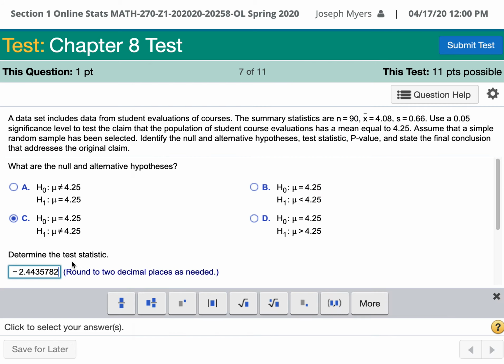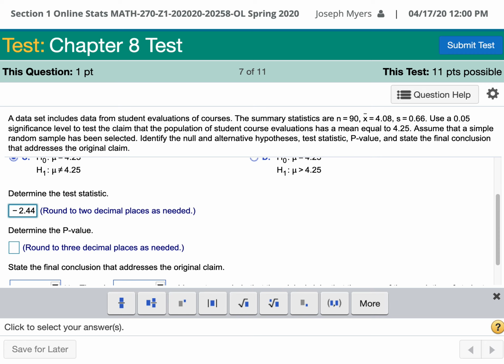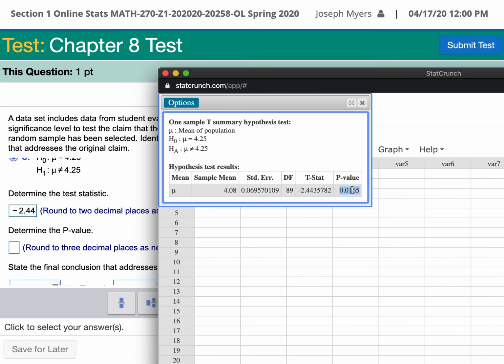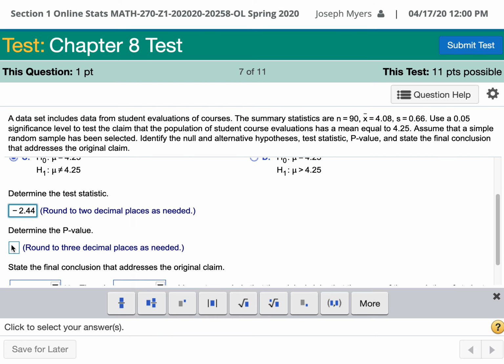So the test statistic is going to be there, rounded off to 2 decimal places, and then the p-value is right there, rounded off to 3 decimal places, so 0.017.